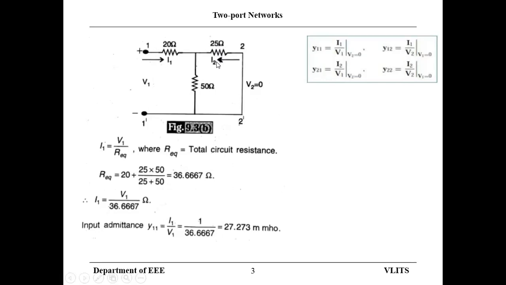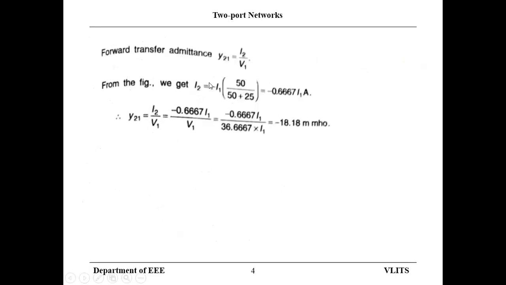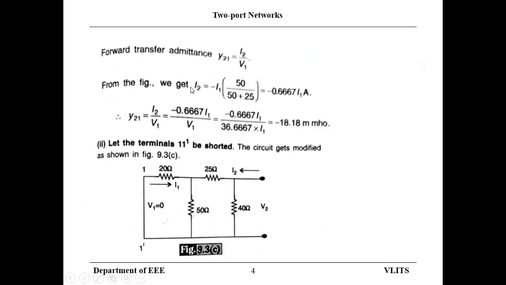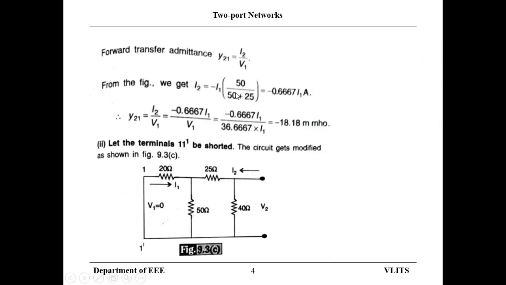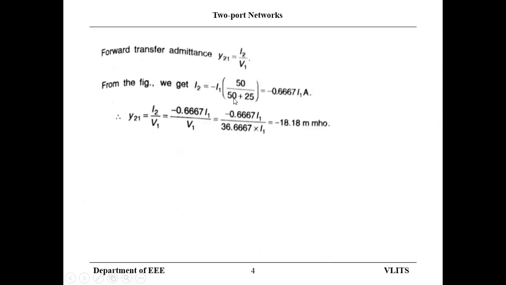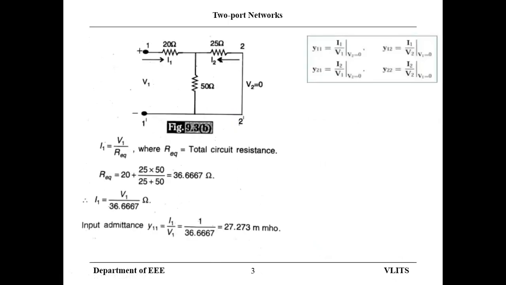If you apply the current division rule, these two are in parallel, then I2 is equal to minus I1 by 50 plus 25.